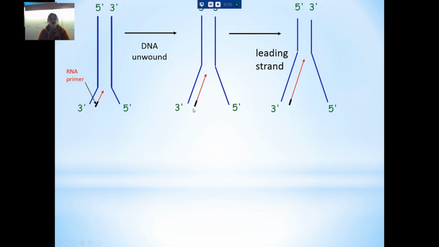Okay? So the problem here is that the lagging strand has to be polymerized in this movement, but the polymerase itself is moving this way. So nature solves that by these lagging strands. We have an RNA primer laid down and DNA polymerase extends it.